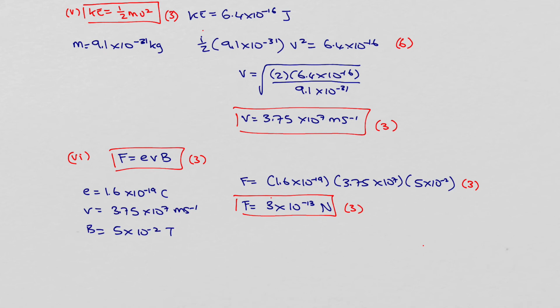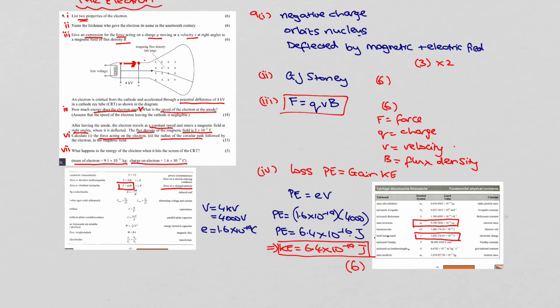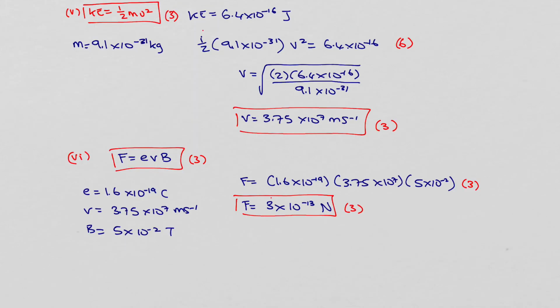So the next part then is, what is the radius of that circular path? So we know from centripetal acceleration, and I'm going to refer to that as A, and B. So we know our centripetal force is given by mv squared over r.